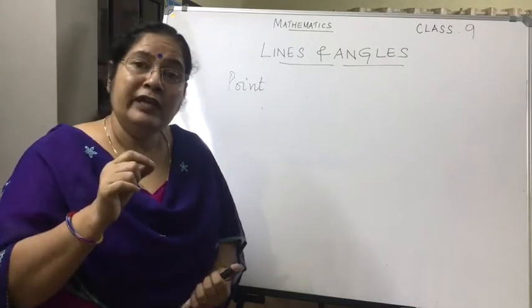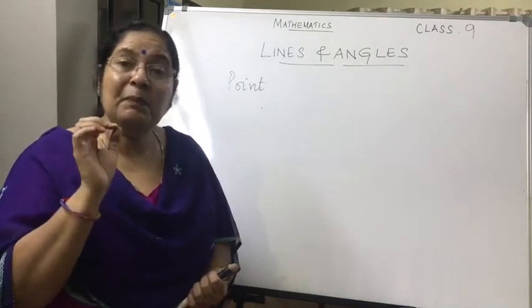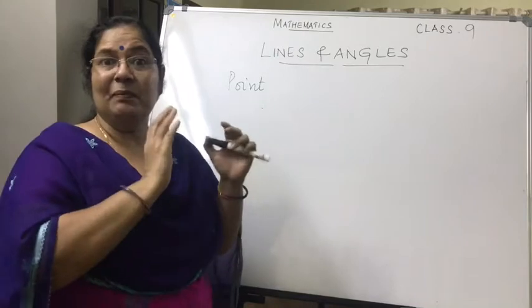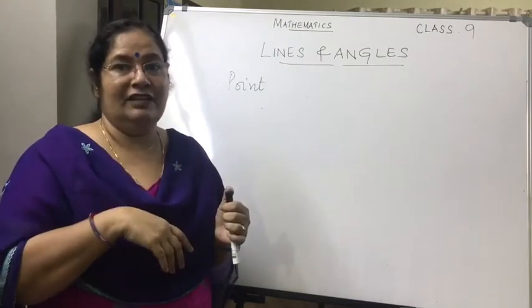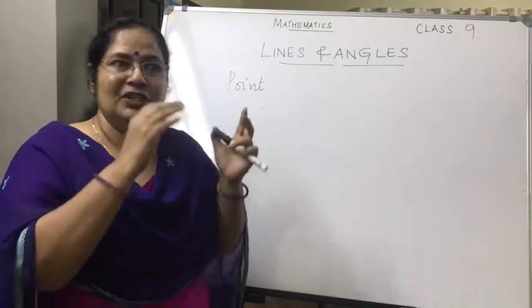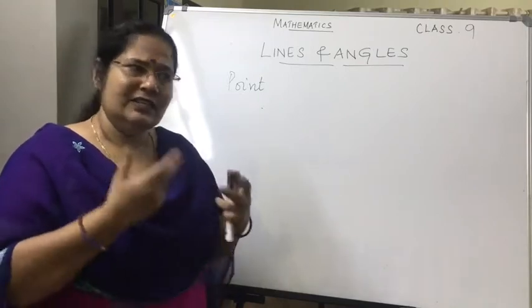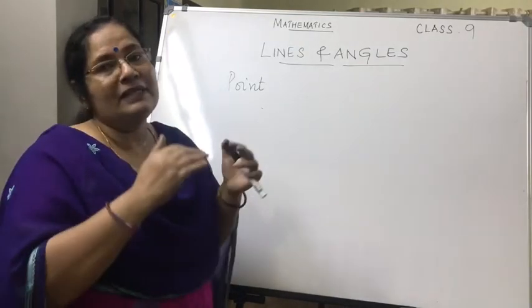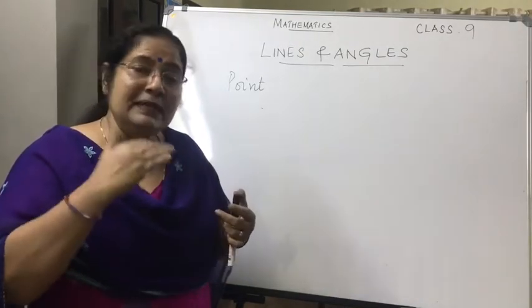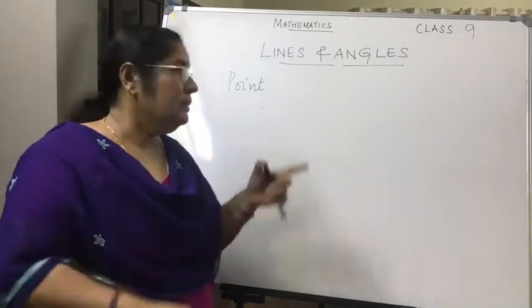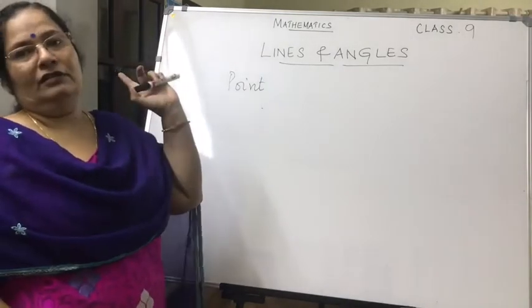A point represents a position. In coordinate geometry we have learned that a position is represented by a point. So for representing that position, we just use a dot.